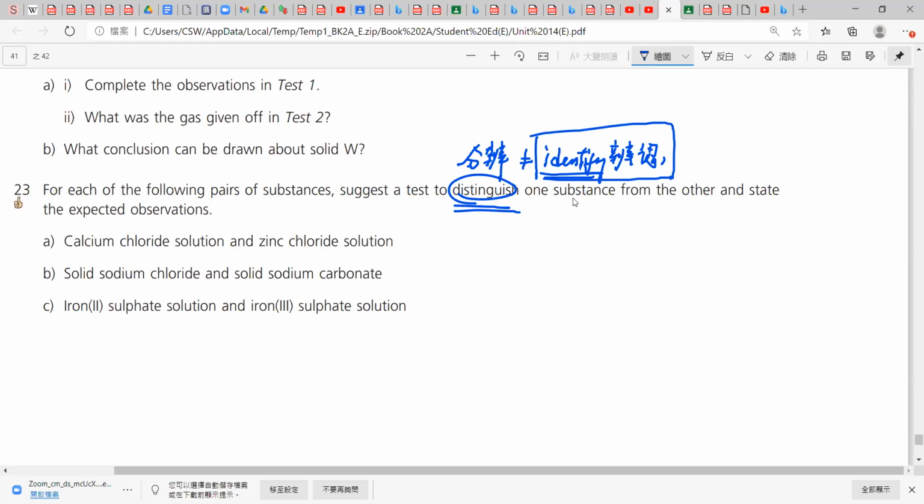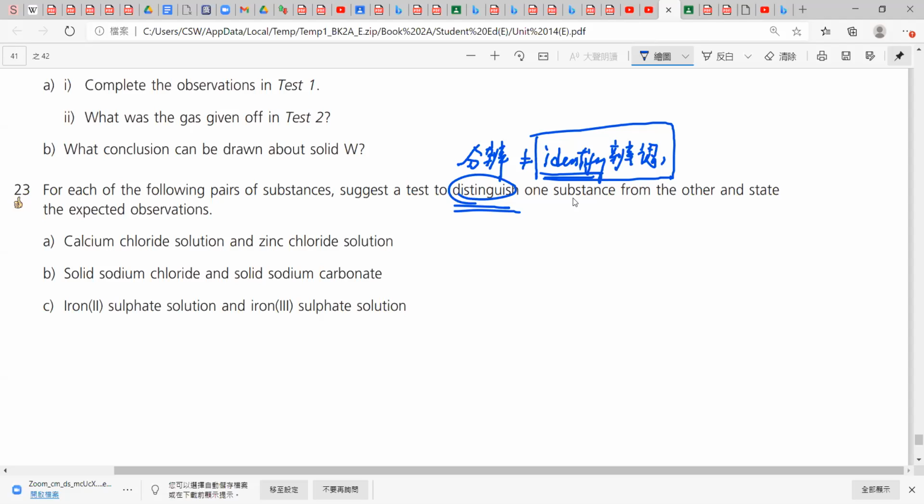But for distinguish, I pick up one distinctive feature to tell the difference. I use it as a start, and you can tell which is which. But for identify, I need to know the true identity, the real nature of the chemical. You see the difference between the two terms.